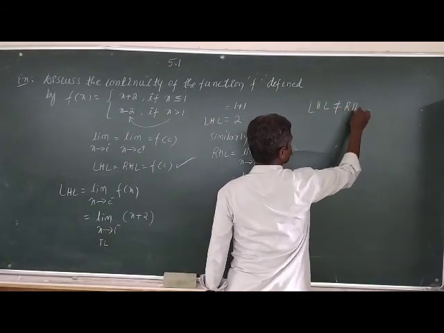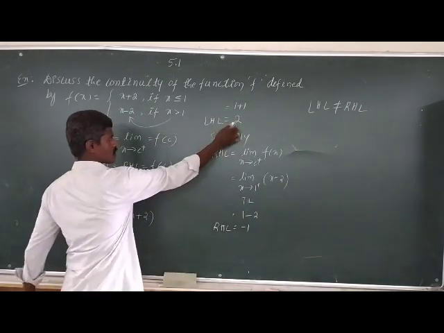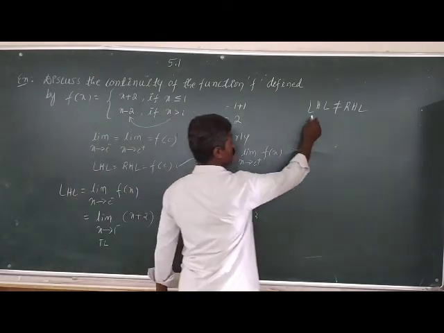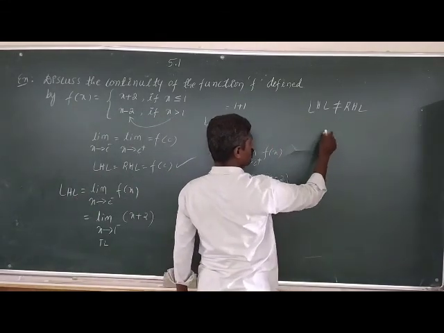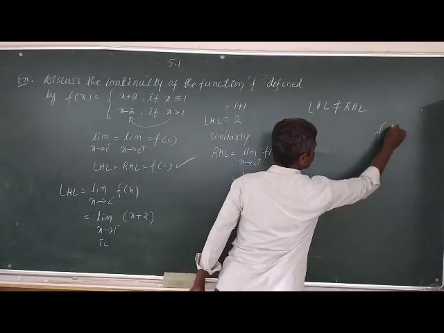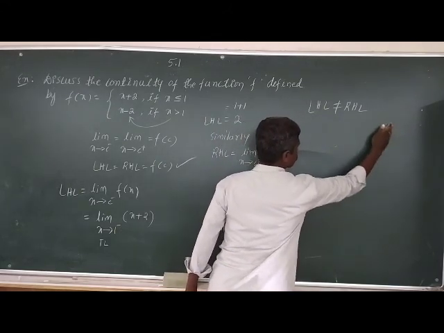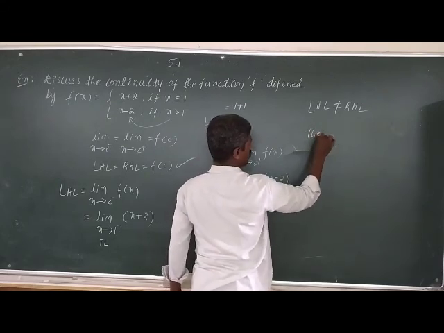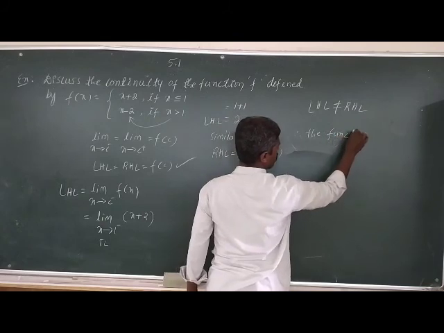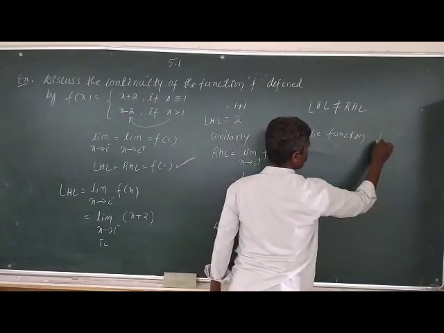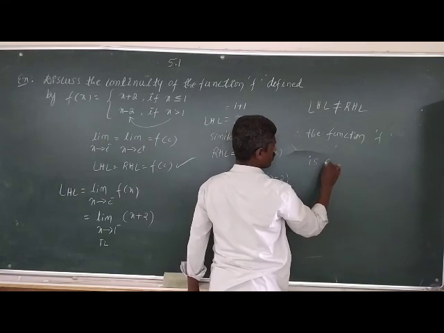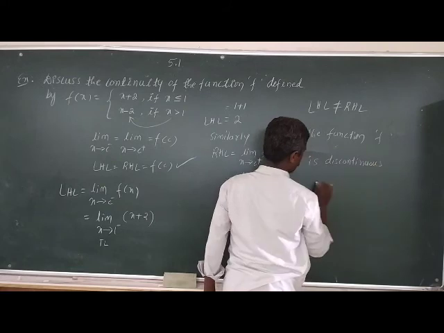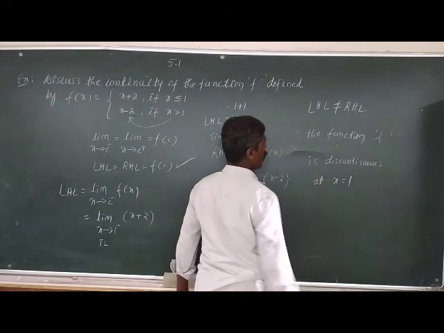LHL is not equal to RHL because the value of LHL is 2 and the value of RHL is minus 1. Hence LHL is not equal to RHL. Therefore, it is not necessary to find f of c. So we can easily say that the function f is discontinuous at x equal to 1.